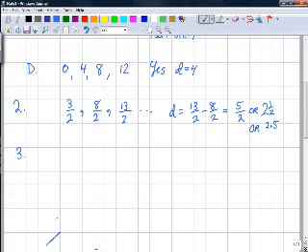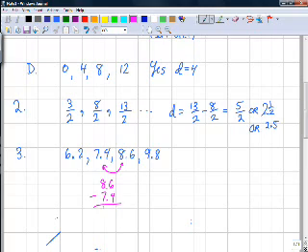So if we go 13 halves minus 8 halves, we get the common difference, 5 halves. Or if you wanted to say it is 2.5, that's fine. You can find the common difference by doing a subtraction at any time.